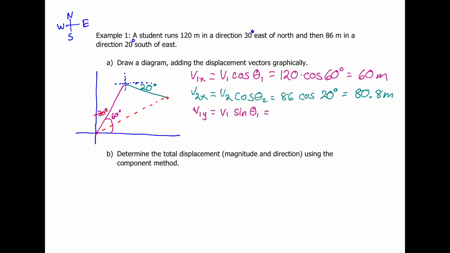And it's going to be 120 times the sine of 60 degrees. And while you guys are calculating, I'm just going to write in the second one because it's exactly the same. So V2 in the y direction is equal to V2 times the sine of angle 2, which is 86 times the sine of 20 degrees.